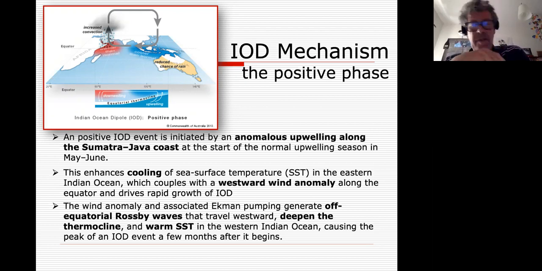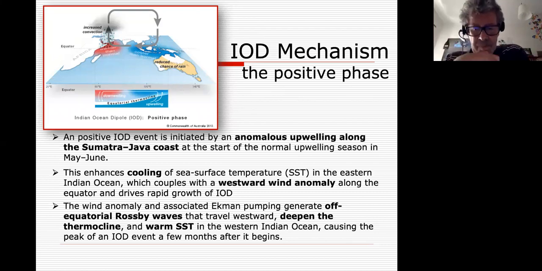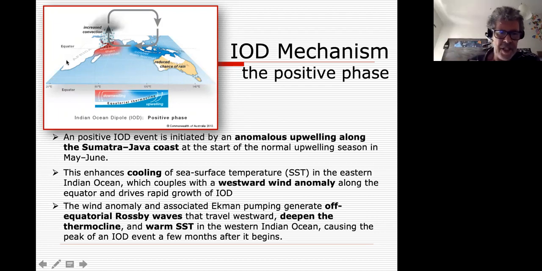In this case, you may remember the Nino has an effect on the thermocline depth at the eastern side, and this essentially creates a situation that is depicted in this small cartoon of the image.